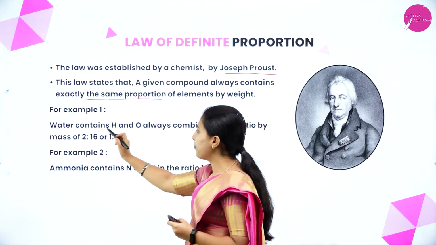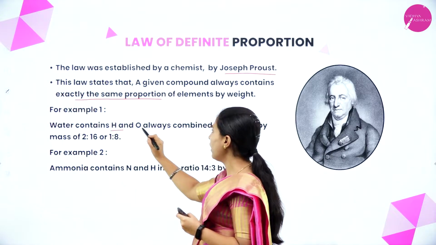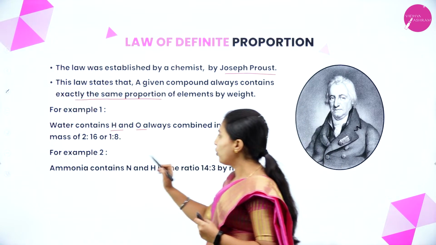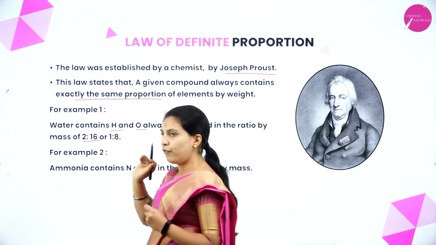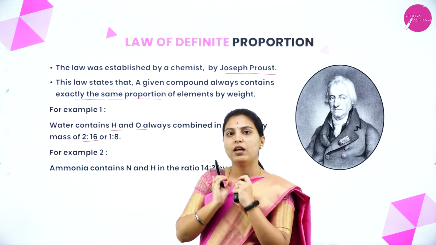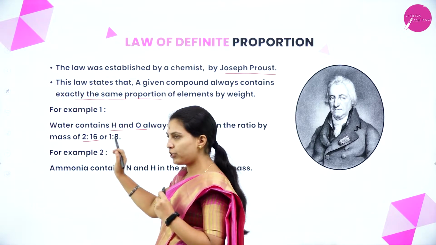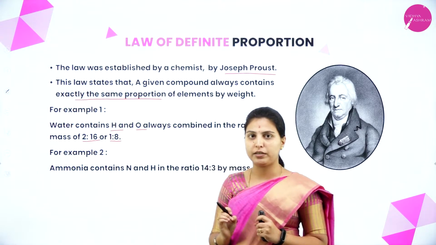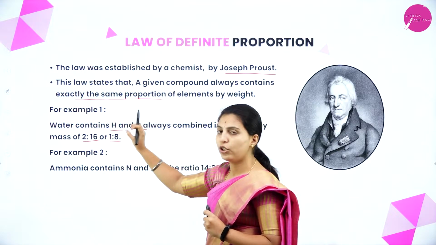So we'll see an example. Water contains hydrogen and oxygen always combined in the ratio by weight of 2:16. Water means hydrogen and oxygen will always have the proportion of 2:16 or 1:8. This is the definite proportion of the given compound.